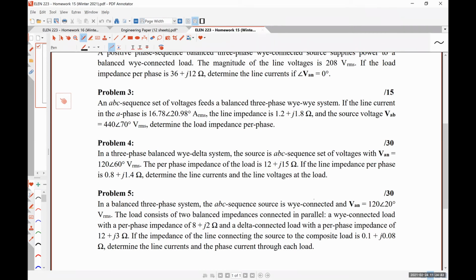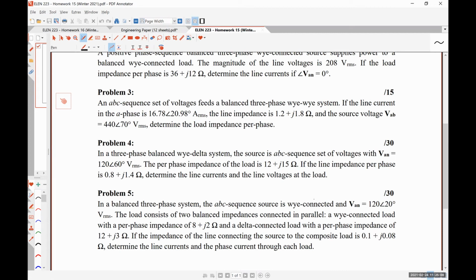I personally would write down the different transformations and the rules for all that kind of good stuff. And then maybe the power relationships and the steps for doing power factor correction, something like that. You're welcome to write down more, put down example problems, all that kind of good stuff to help you out.